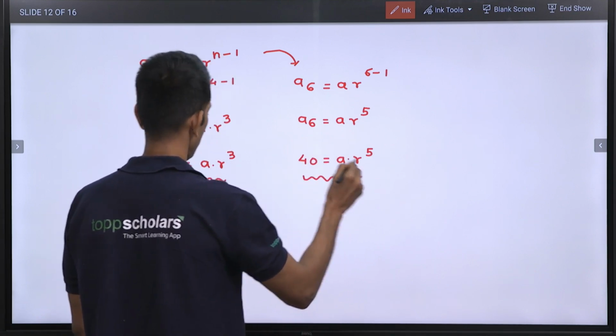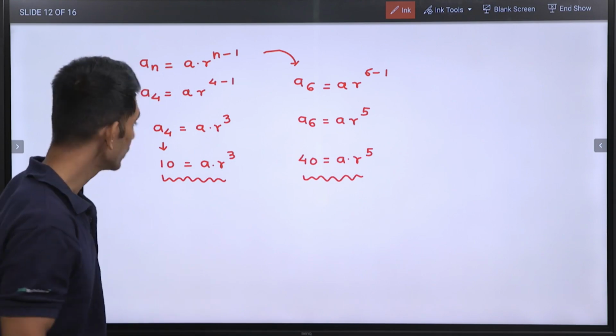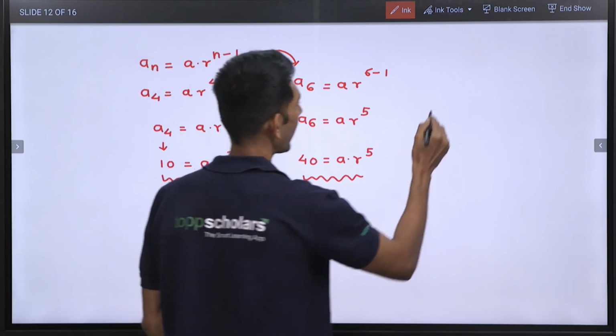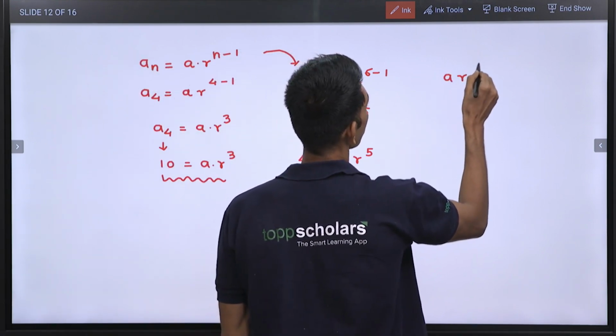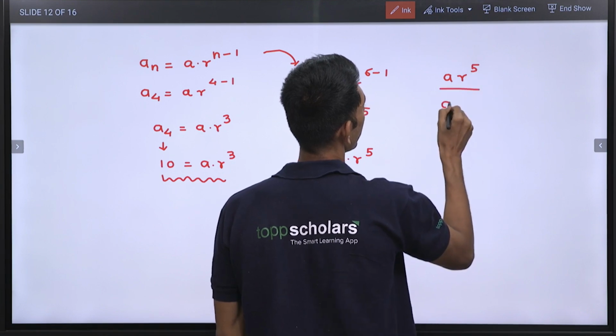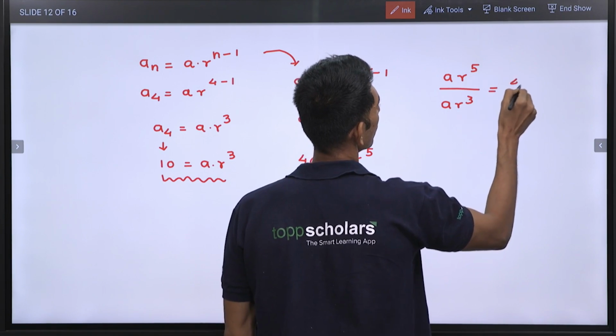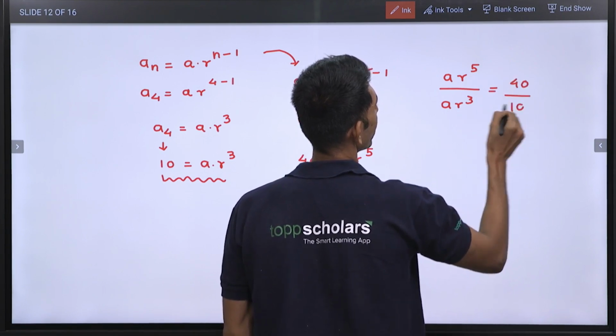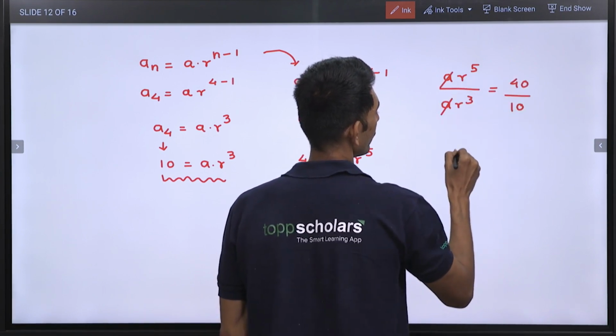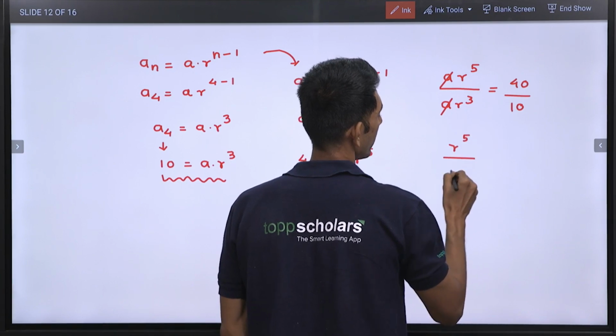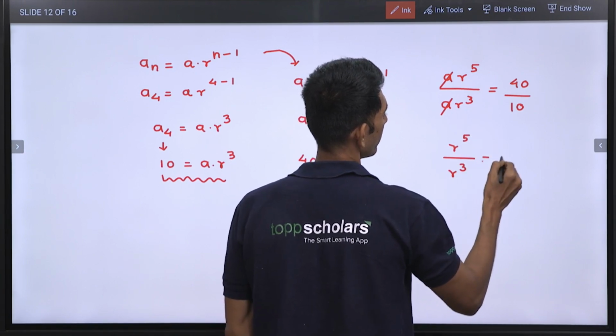Correct? Now can I divide both of them? Let us do that. If I divide them, I get A into R raised to 5 divided by A into R raised to 3 is equal to 40 divided by 10. So R raised to 5 divided by R raised to 3 is equal to 4.